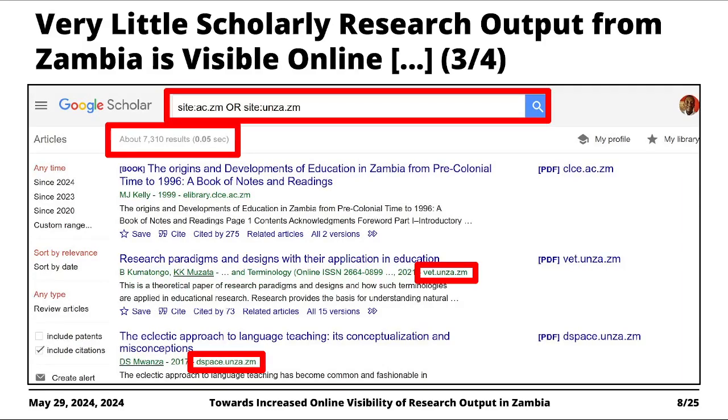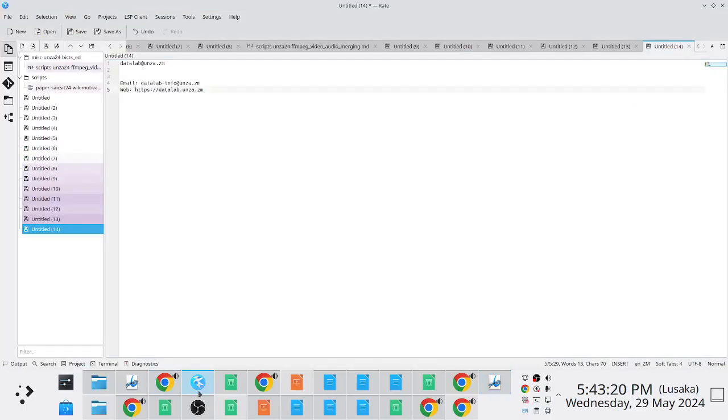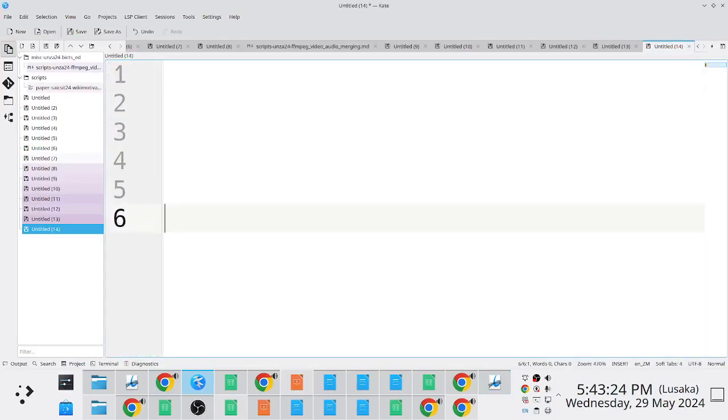Those of you who understand the science behind domains know that if you're registering a domain for an academic institution, ideally it should have an .ac. If it's registered in Zambia, it would be something .ac.zm.